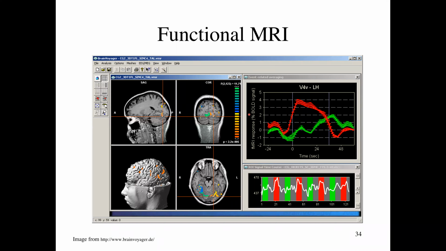And then when that response is turned off and on, you watch the signal in their brain go up and down in lockstep or in phase with that response. And so you do that over and over again, and you can see which parts of the brain light up when that task is being done versus the control.